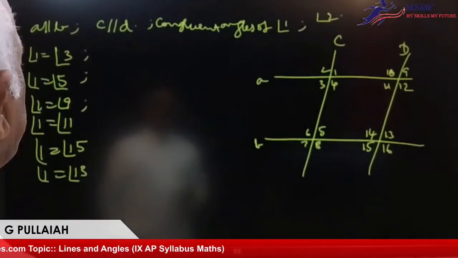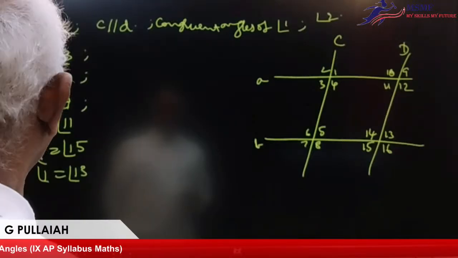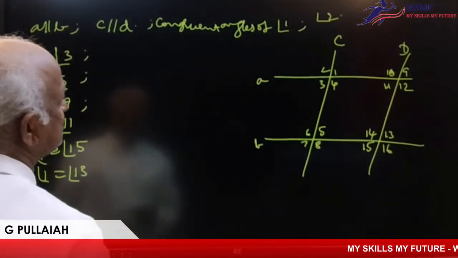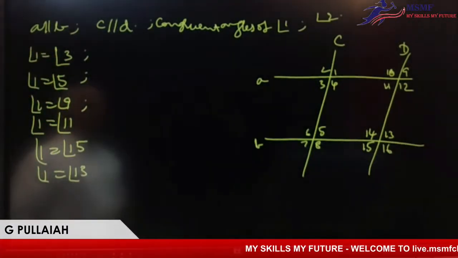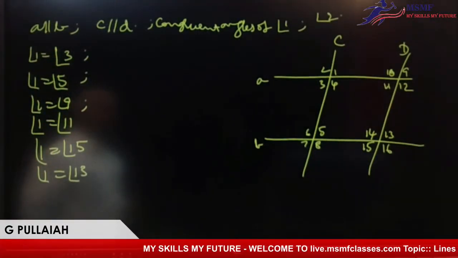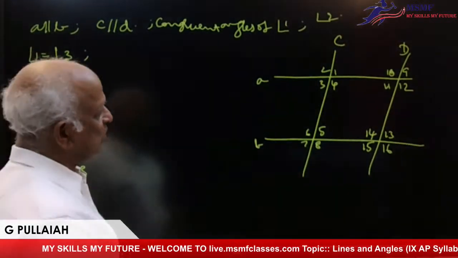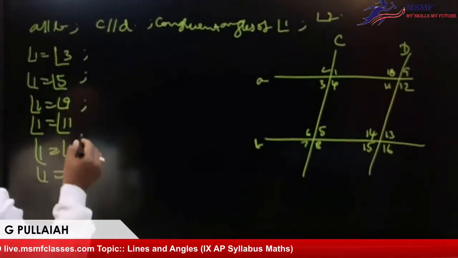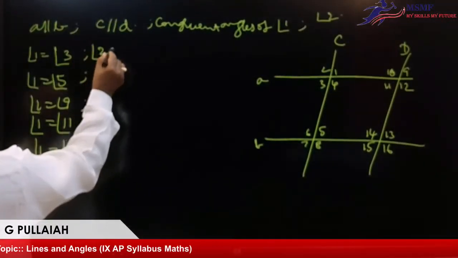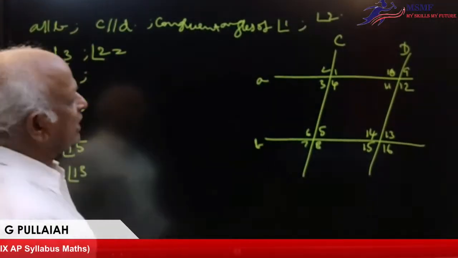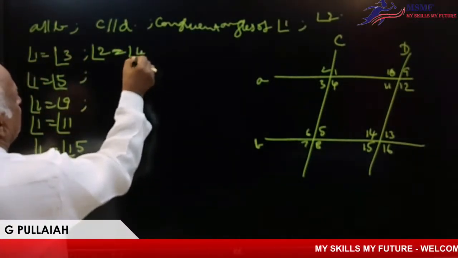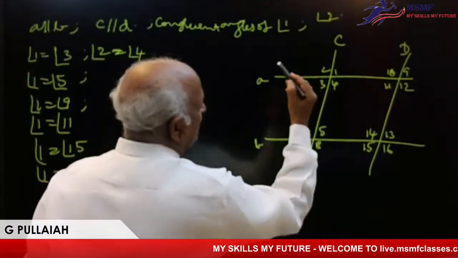Angle 1 is equal to angle 3, angle 1 is equal to angle 5, angle 1 is equal to angle 9, angle 1 is equal to angle 11, angle 11 is equal to angle 13, angle 13 is equal to angle 15. So now, if you take angle 2, first you can say angle 2 is equal to angle 4, vertically opposite angles.